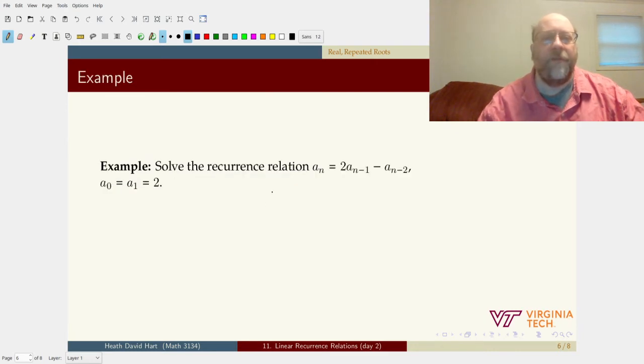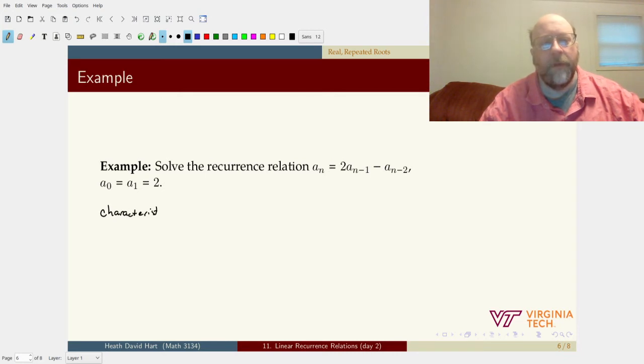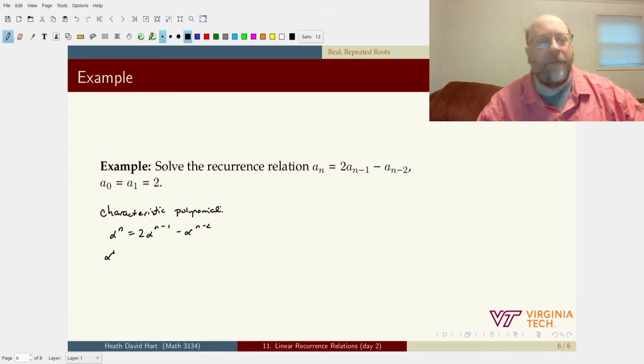And so if we solve this recurrence relation, a_n = 2a_{n-1} - a_{n-2}, the characteristic polynomial is going to be alpha to the n equals 2 alpha to the n minus 1 minus alpha to the n minus 2. If I bring everything to one side, then I can factor out alpha^(n-2).